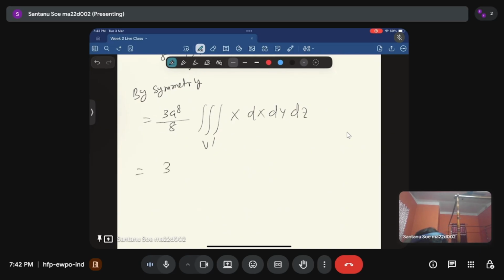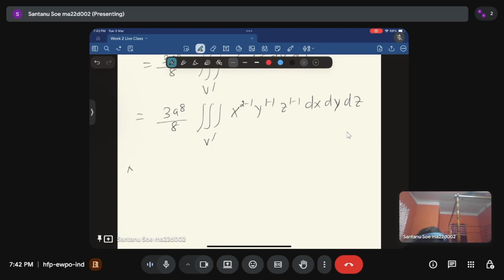And this is same as 3a to the power 8 divided by 8 integral over V prime of x to the power 2 minus 1, y to the power 1 minus 1, and z to the power 1 minus 1 dx, dy, and dz.